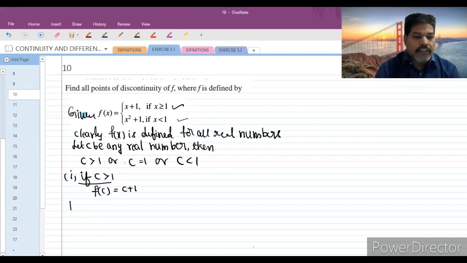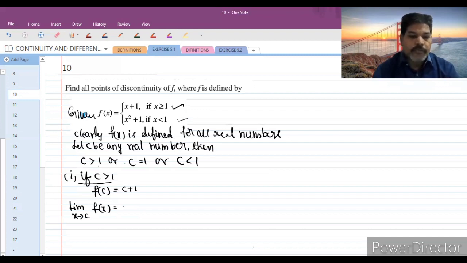Similarly, the limit as x extends to C of f of x becomes x plus 1 for x greater than 1, so applying the limit, it becomes C plus 1.